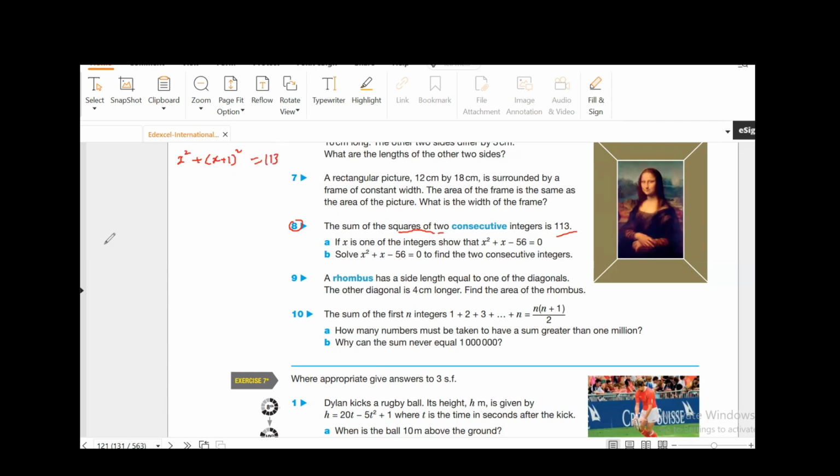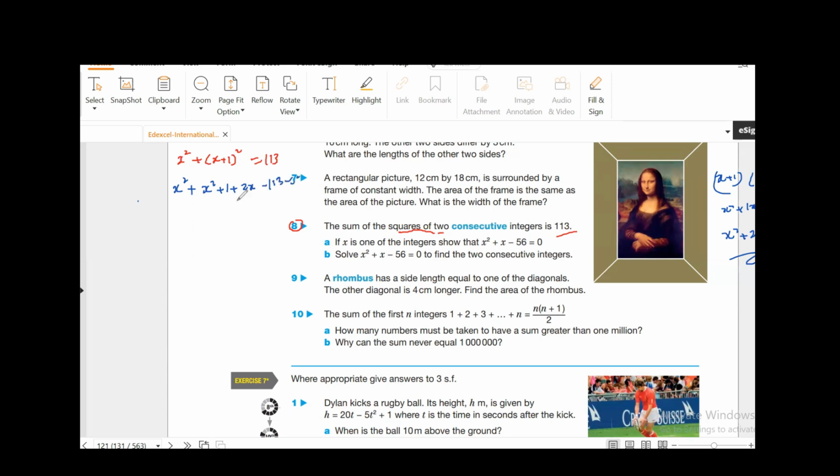Then we will simplify. This is x squared plus x squared plus 1 plus 2x, using the (a plus b) whole square formula. You can expand it a different way, like we already learned: x plus 1 times x plus 1 gives x squared plus 1x plus 1x plus 1, so x squared plus 2x plus 1. Same thing.